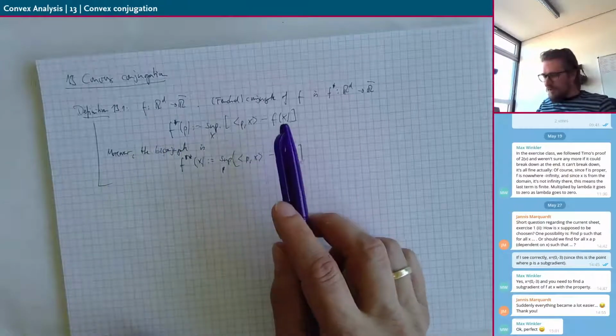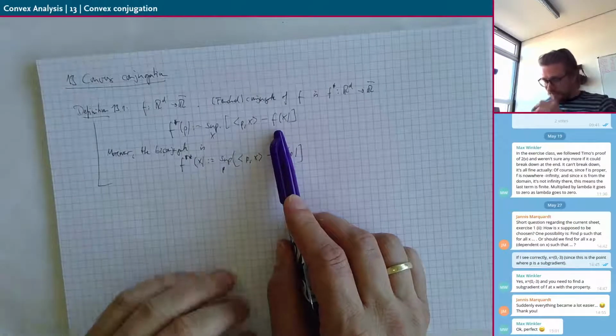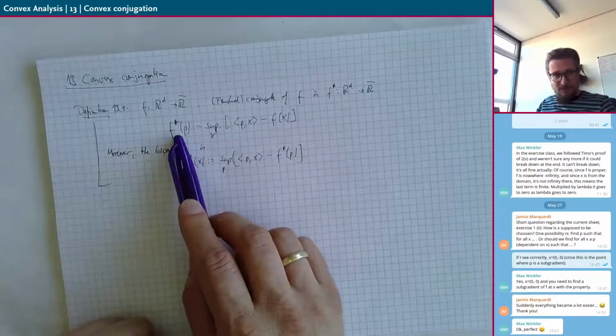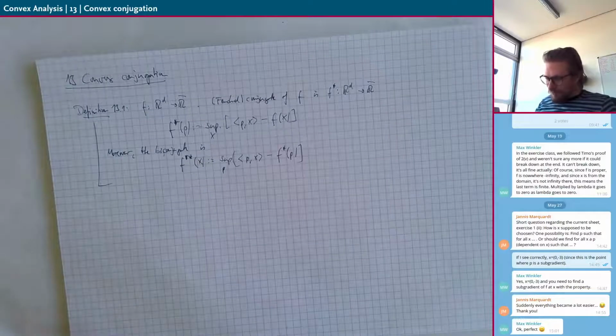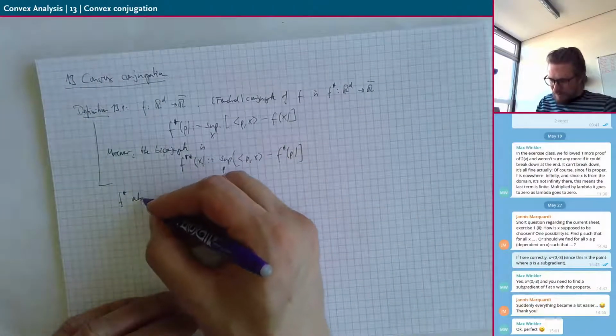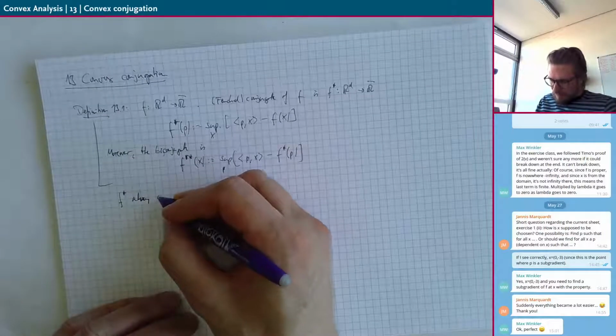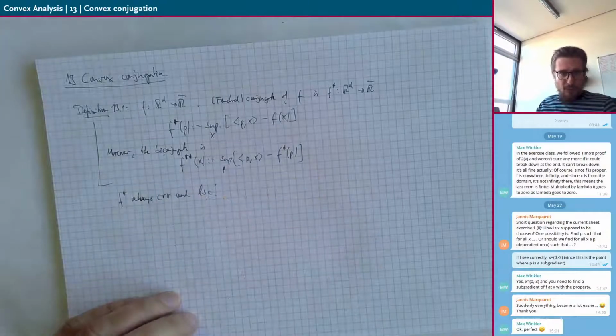Note that this is totally independent of any properties of f. As soon as f is just any function, this is convex and lower semi-continuous. And the biconjugate f star star as well. So that's important to note: f star, and of course then f star star as well, is always convex and lower semi-continuous, no matter what f is.